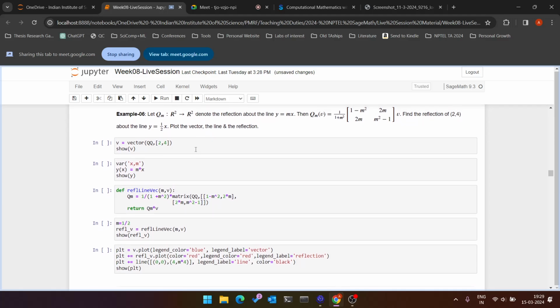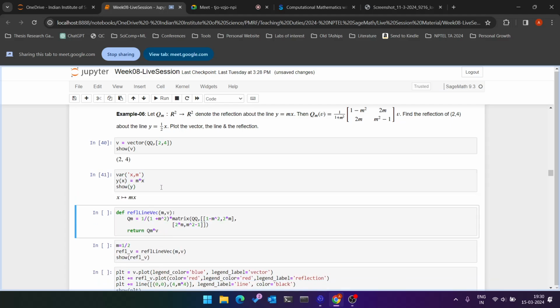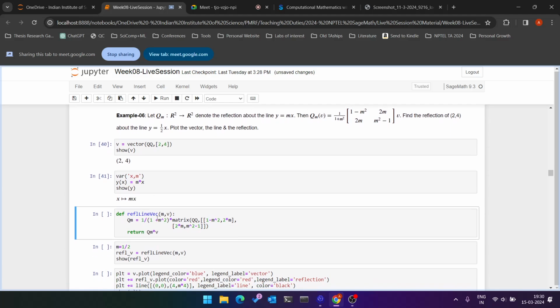Okay, again, same process. Define the vector v, which is on the rational field QQ, 2 comma 4. Next, as is good practice, we specify the variables x comma m, and then define the line y is equal to mx as the function y of x. Now, the reflection about the line of a given vector v is defined using the name reflection line vector.